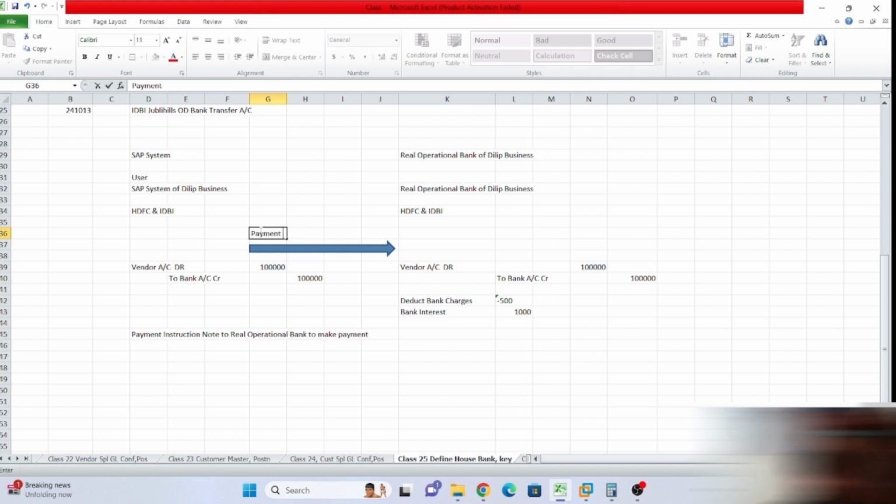Payment instruction note to the operational bank.